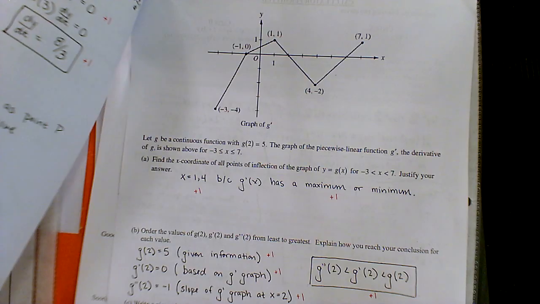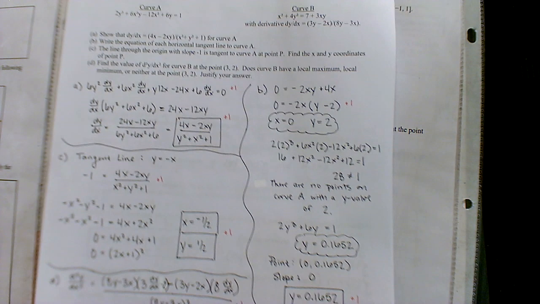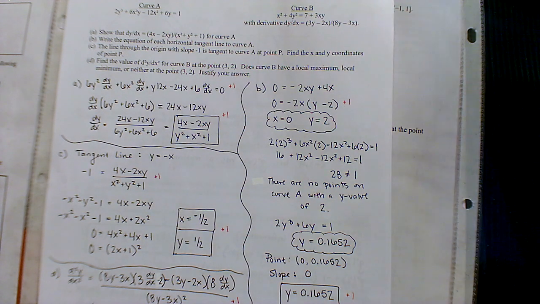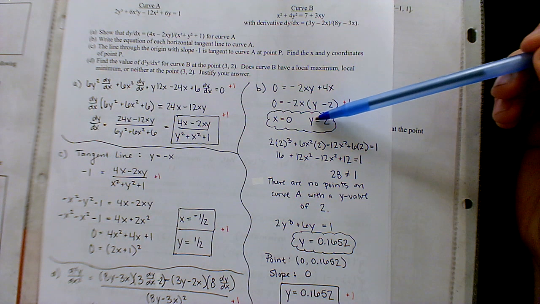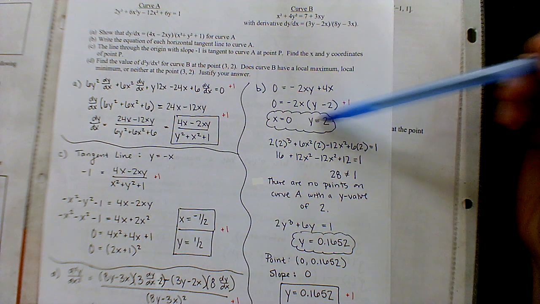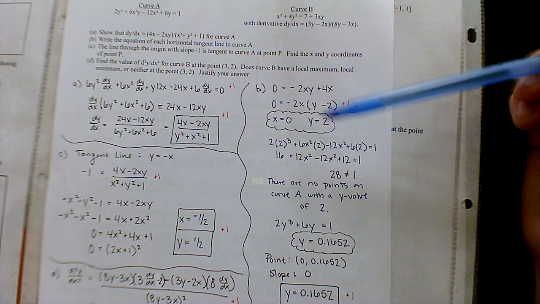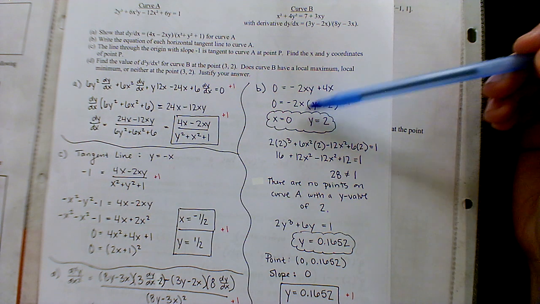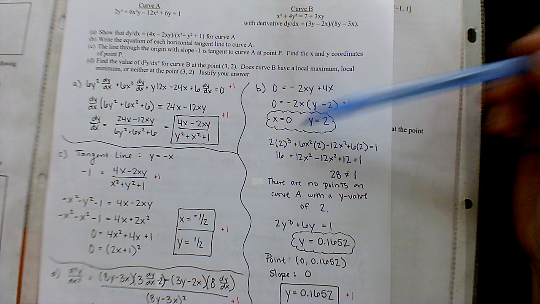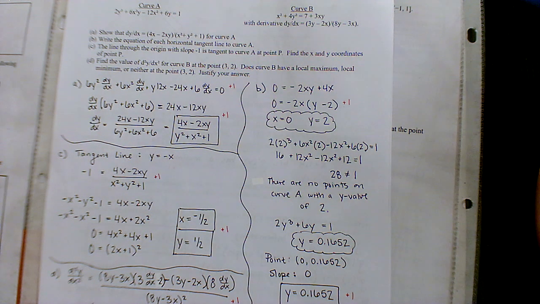Overall, I think this went really well. The other one that I think some of us just slightly missed was on the back page. Okay, number 10, part B. Almost all of us found that y equals 2 was a spot where you have a horizontal tangent, but for some reason we didn't consider what x could be, like if you factored it.